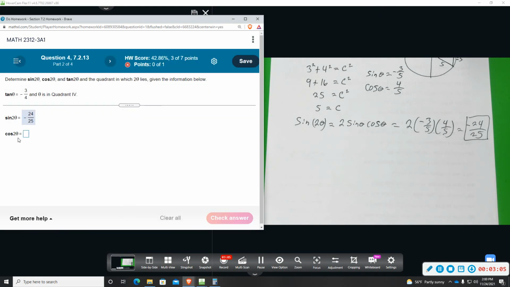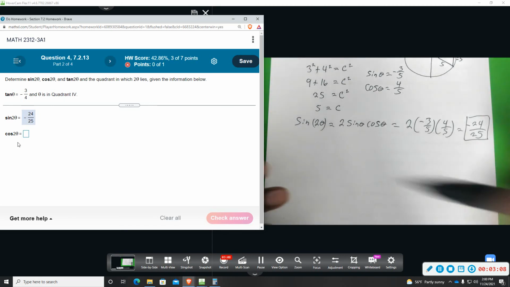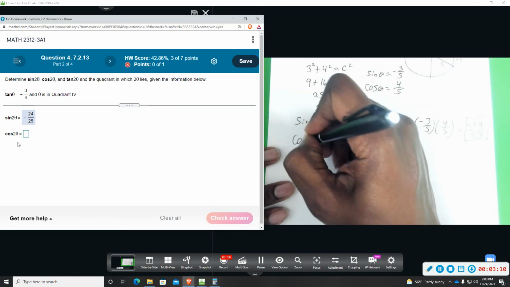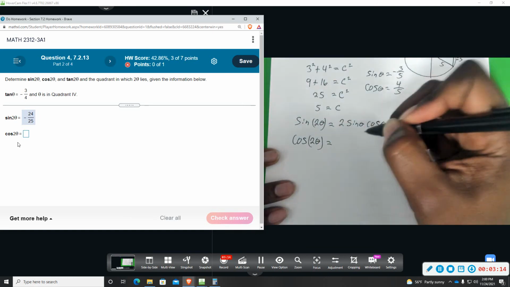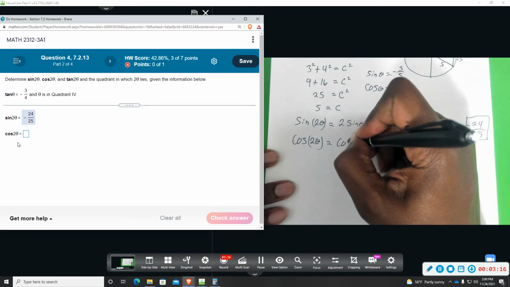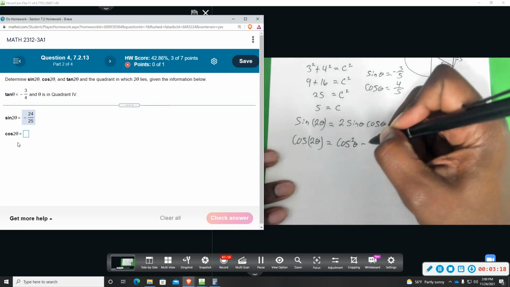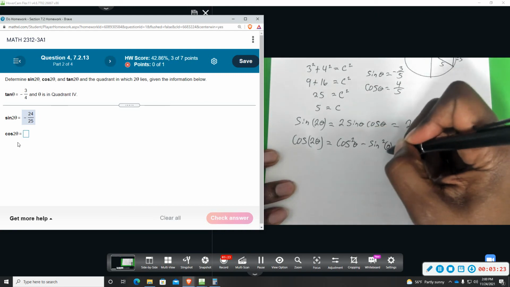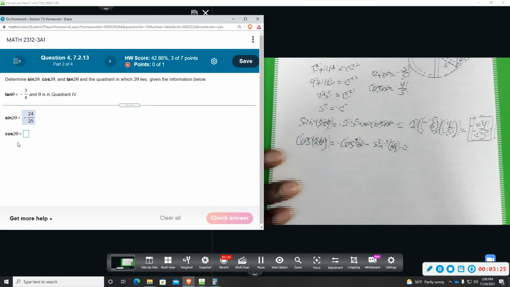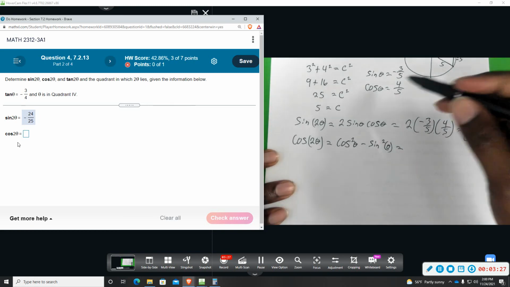And then cosine 2 theta was equal to cosine squared theta minus sine squared theta. Alright, so cosine was 4 over 5.